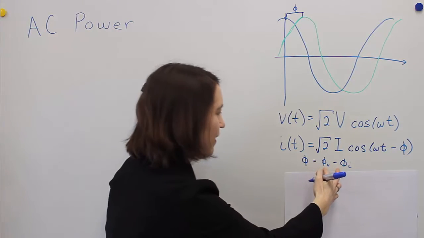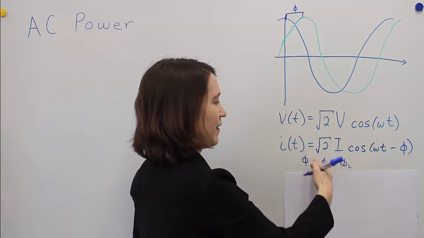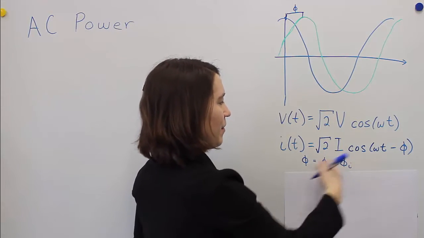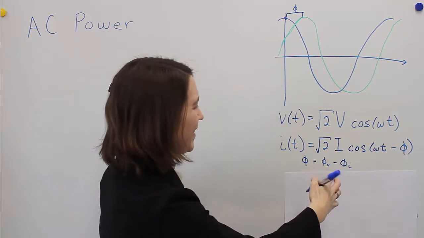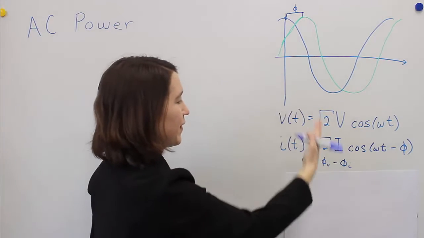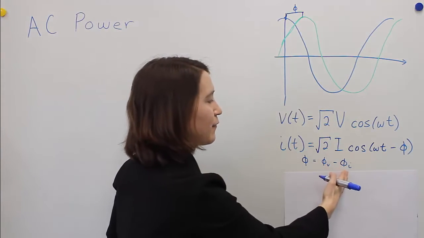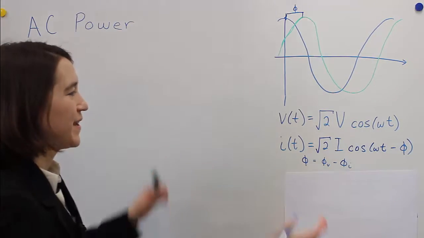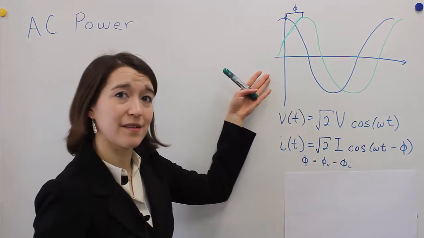If you put this in, you would get omega t minus phi v and a plus phi i. And if we have no phase shift on the voltage, we'd actually just get plus phi i here again.